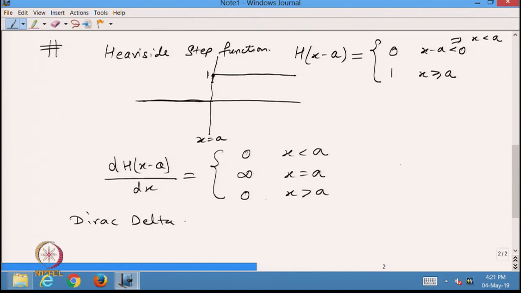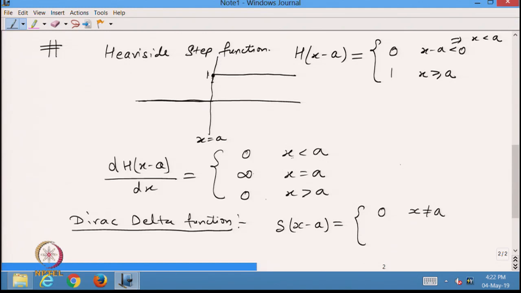This is named after the physicist Dirac. So I define the Dirac delta function delta(x minus a) equal to 0 when x is not equal to a, because whether x is less than a or greater than a, its value is 0, otherwise its value is infinity when x is equal to a.